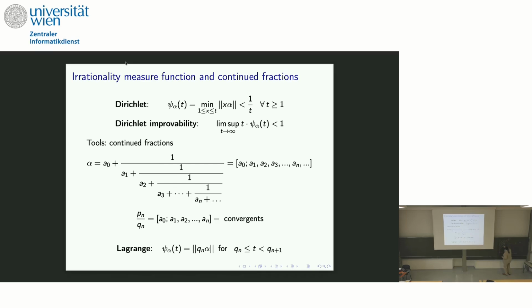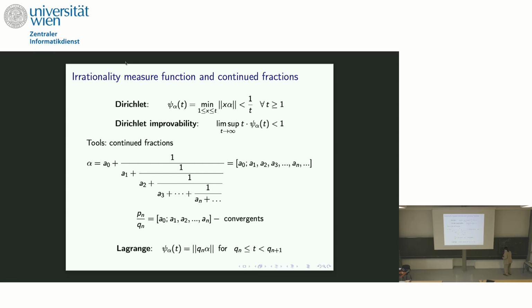So here will be q_n, q_{n+1}, q_{n+2}. And if we continue, we have a graph of the irrationality measure function, which is a piecewise constant function.